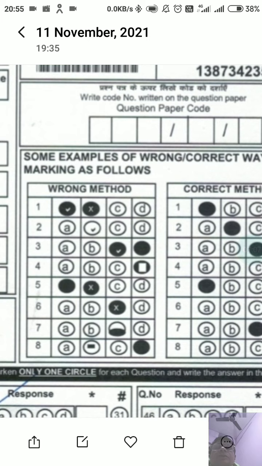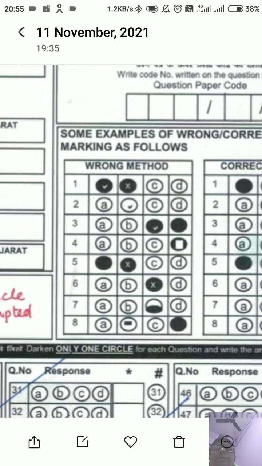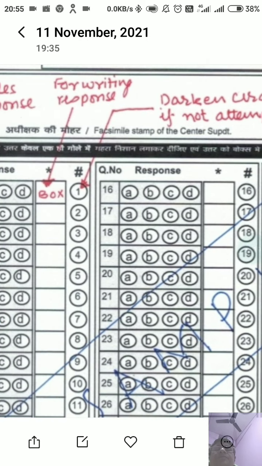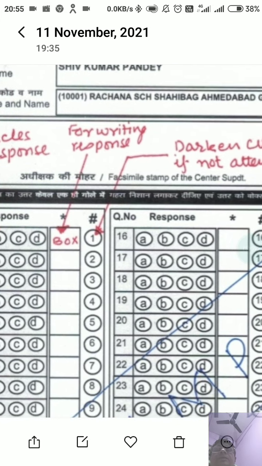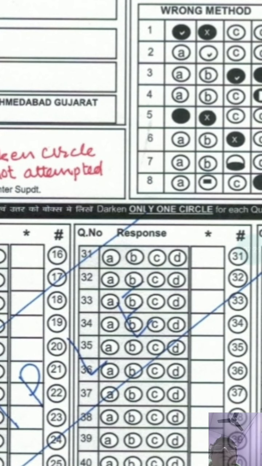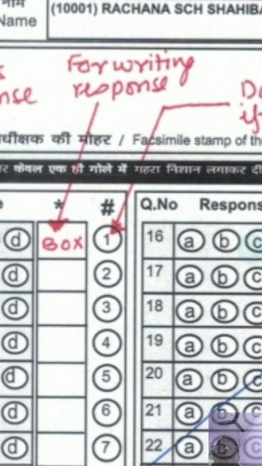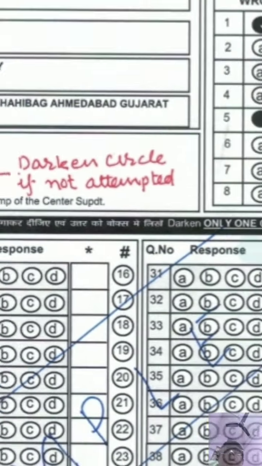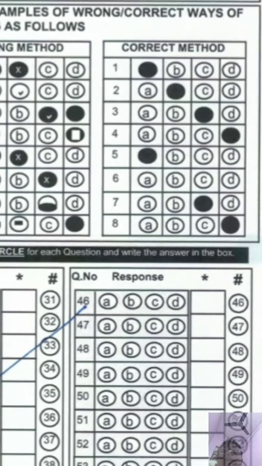Below question paper code there is an instruction about the proper way to answer. Okay, then in the next part you see the instruction is here: only one circle for each question and write the answer in the box.